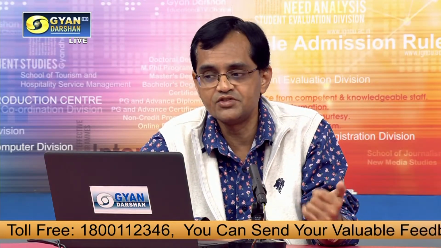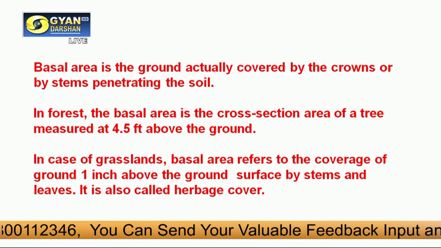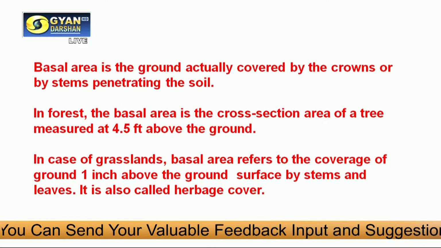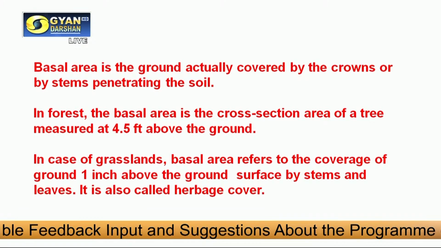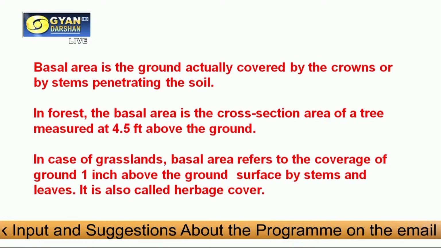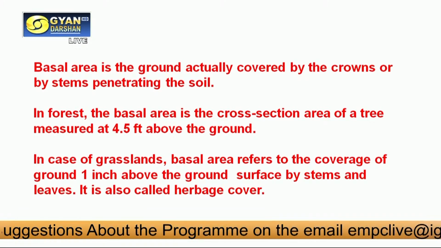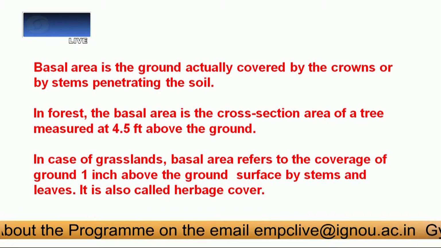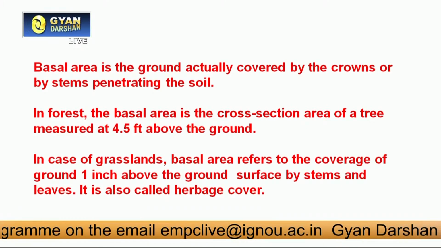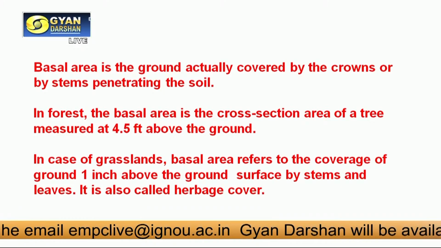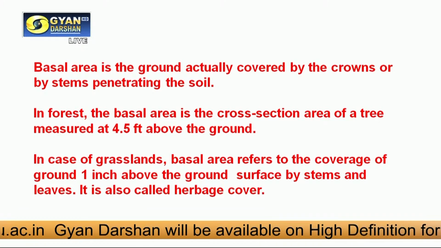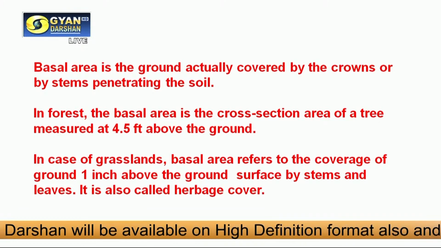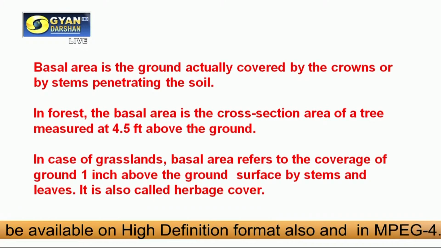What is basal area? Basal area is just the reverse. That is the ground actually covered by the crowns or by the stems penetrating the soil. So it is more close to the ground. It is not the aerial part. Basal area actually refers to those parts which are more grazing the ground. In forest, the basal area is the cross-section area of a tree measured at 4.5 feet above the ground.